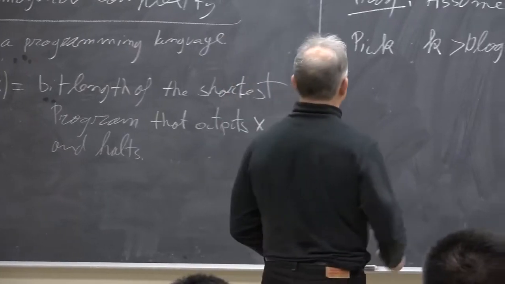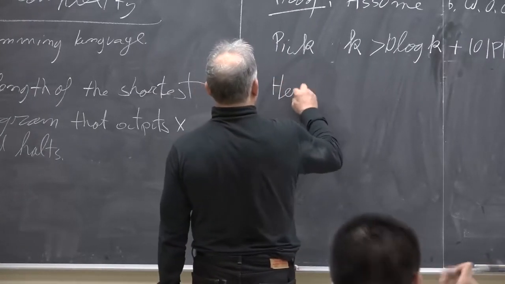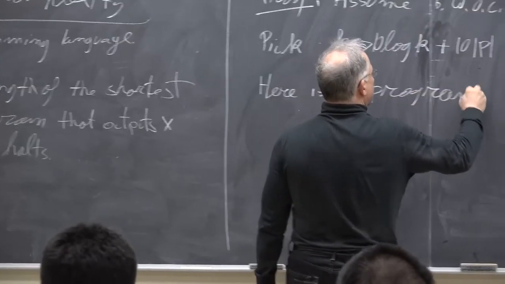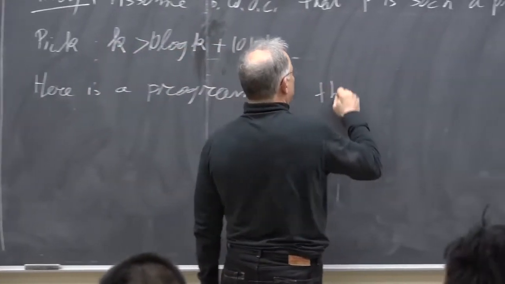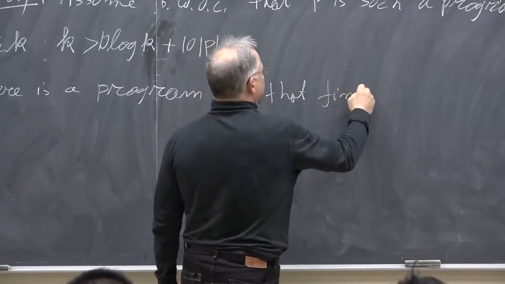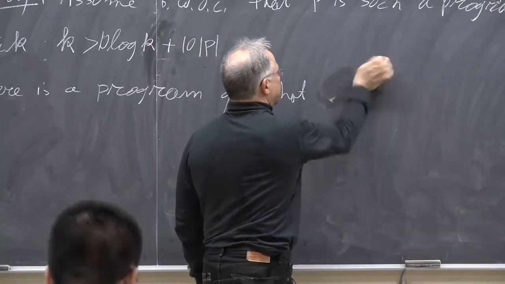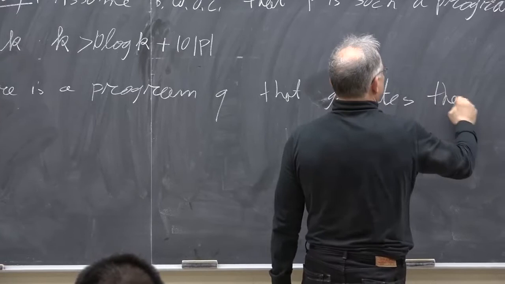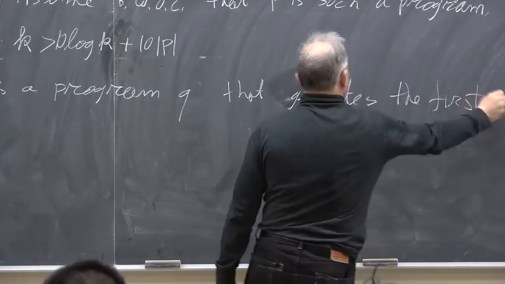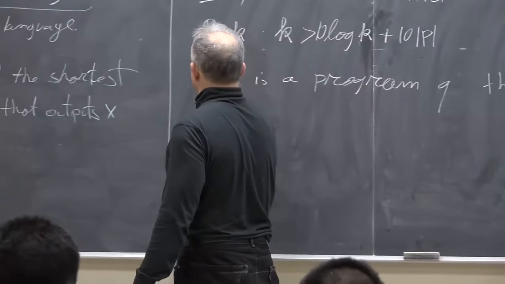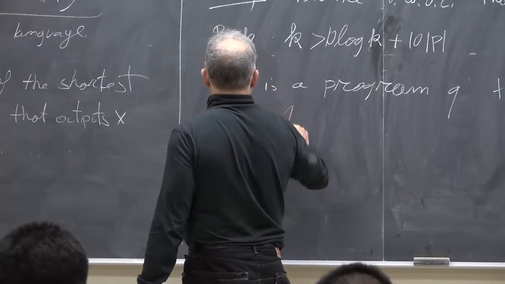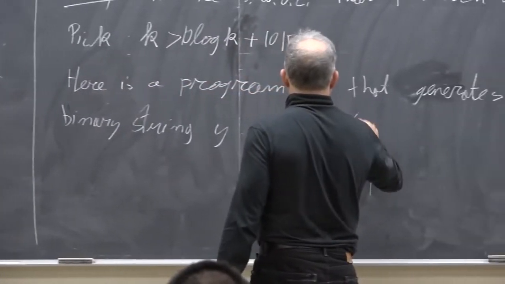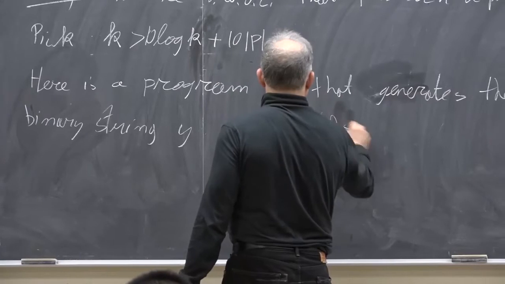Okay, so here is a program, let's call it Q, that finds or generates the first binary string y such that K of y is greater than k.